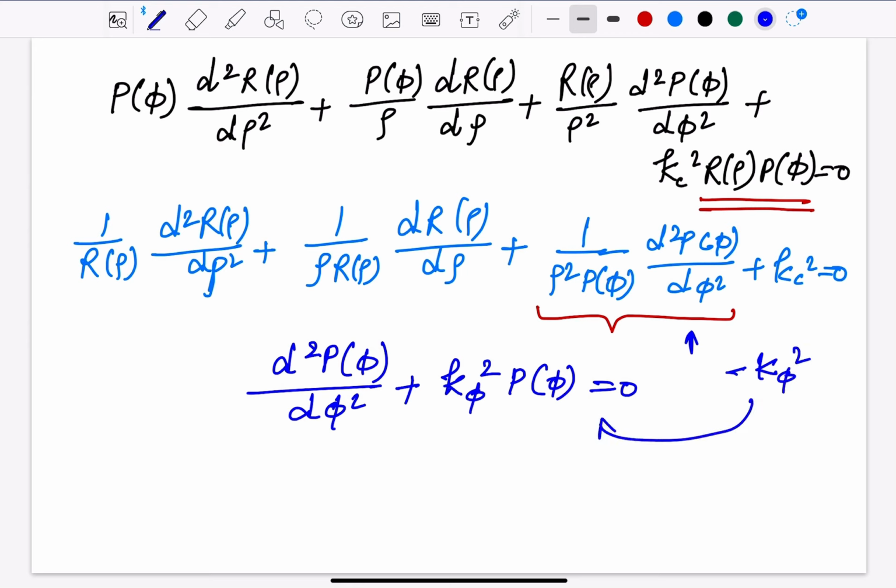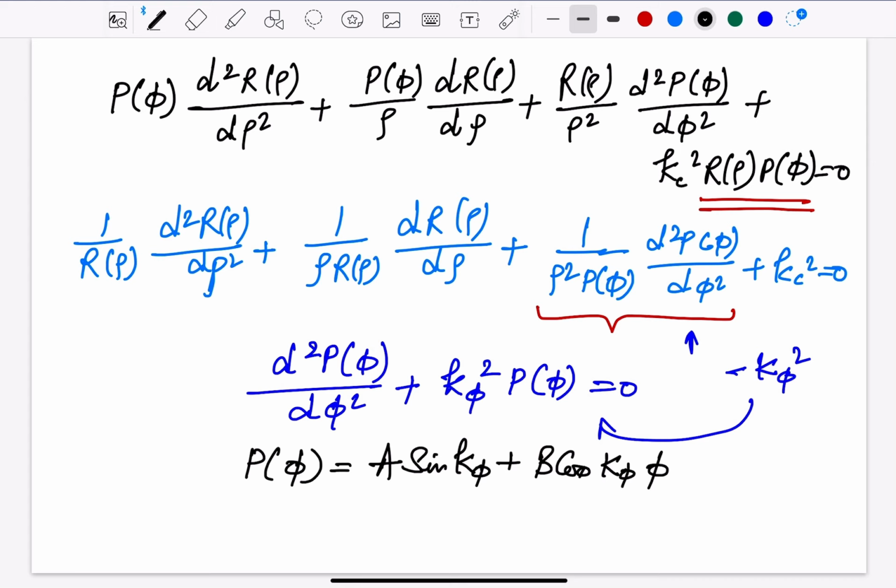Now we can recall the general solution for this second order differential equation, and yes, we may write these things because we are writing this P and R, which basically defines the Hc component. So the general equation we may recall will be P, the function of phi, is equal to A sin k phi plus B cos k phi.